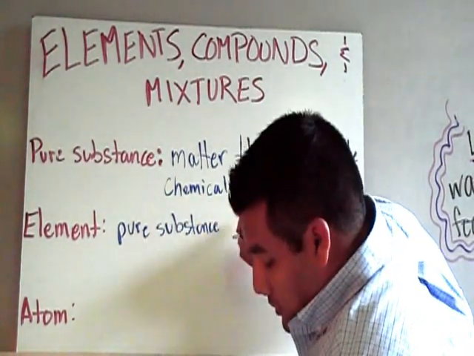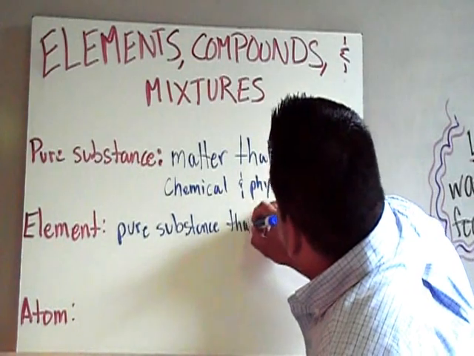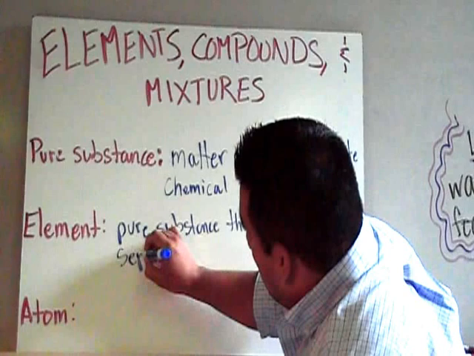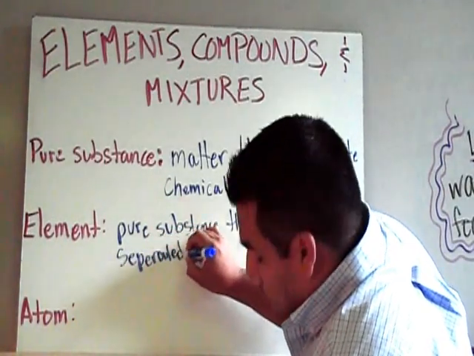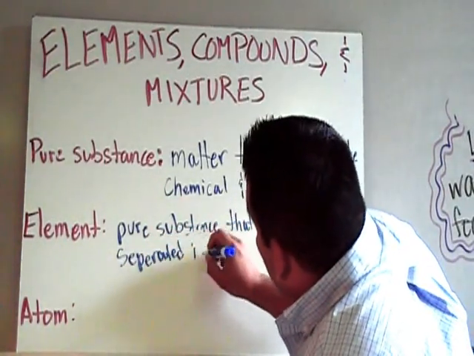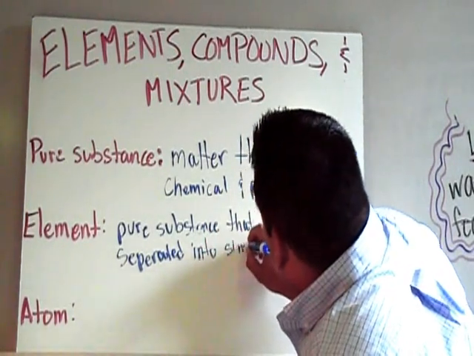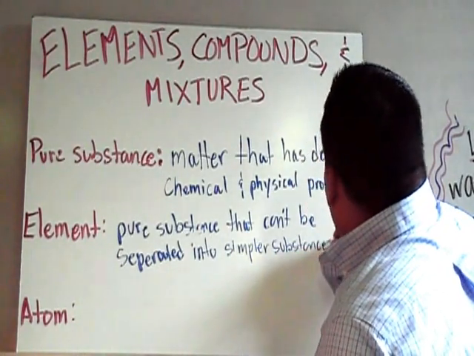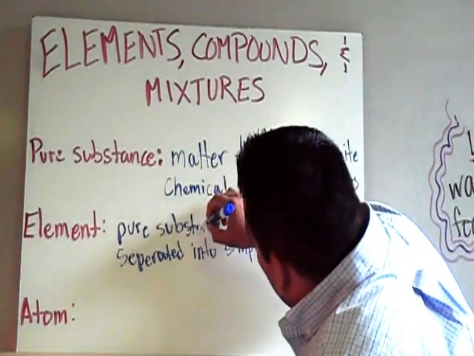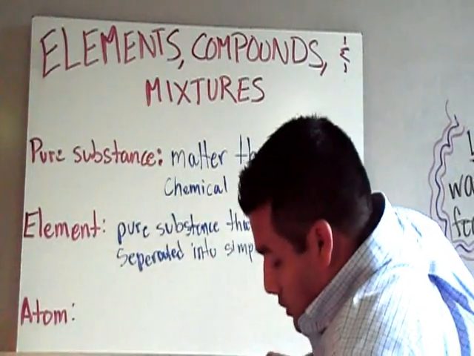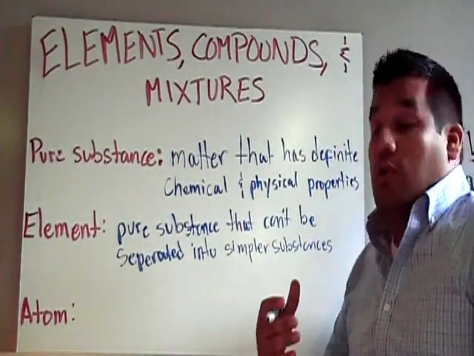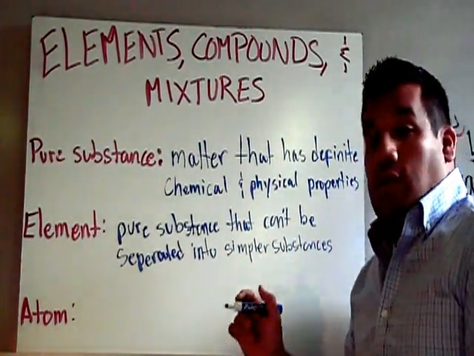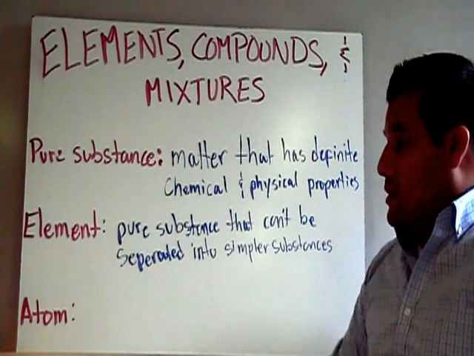An element is a pure substance that can't be separated into simpler substances by physical or chemical means.